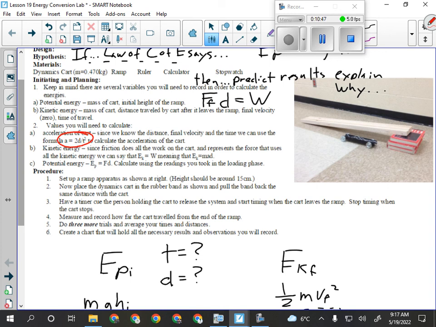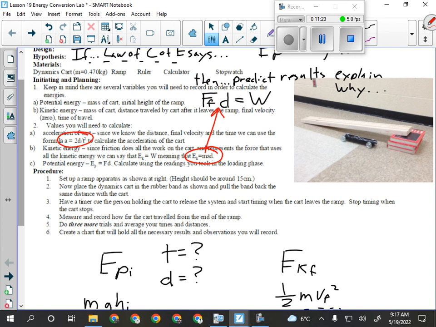We'll calculate the kinetic energy of the cart by going mass times acceleration times distance, which is really the force of friction times distance. So we'll have the mass of the cart, the acceleration of the cart, and the distance it travels, and that'll get us our kinetic energy at the bottom of the ramp. Everybody with me there?